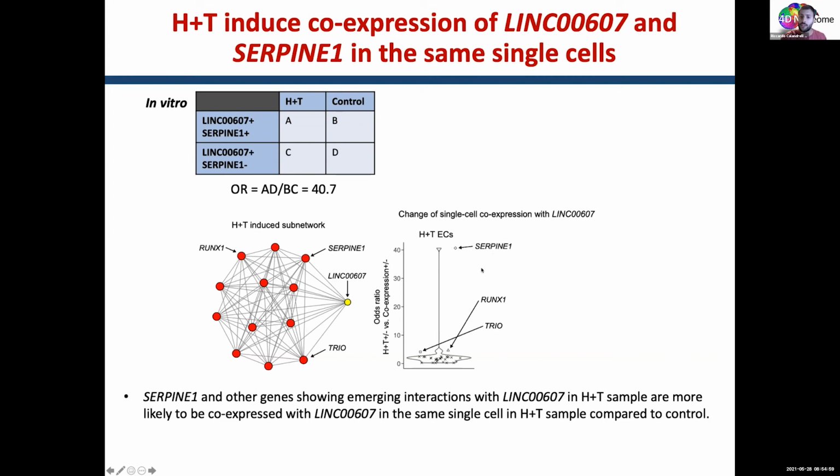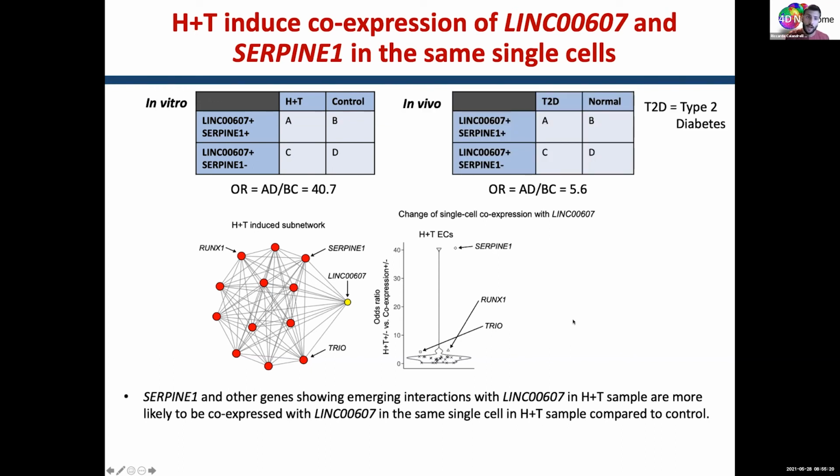But out of these 30, 21 others showed an odds ratio over 1, meaning the same property. Among them were RUNX1 and TRIO that, as we showed before, are associated with endothelial dysfunction.